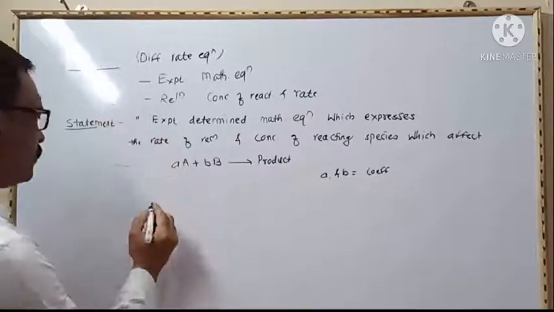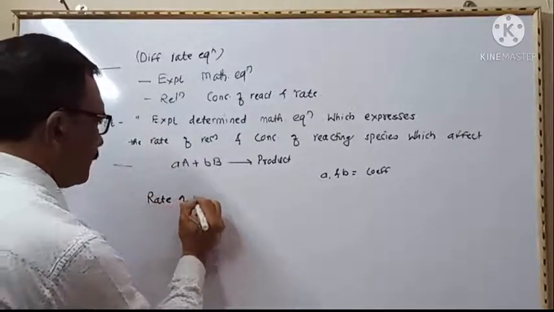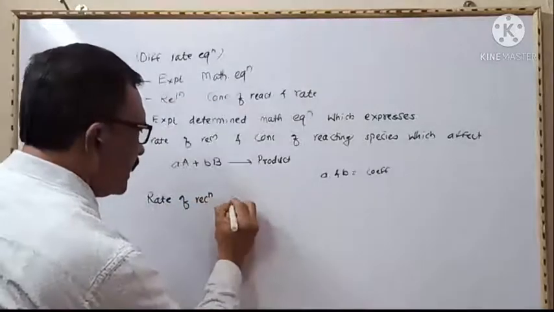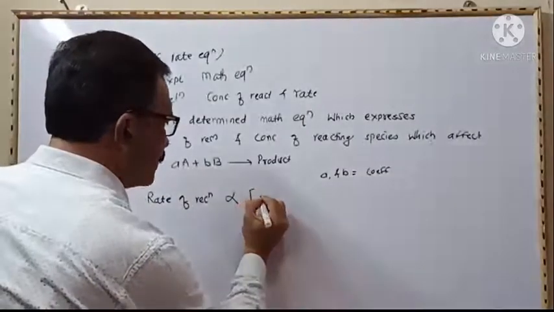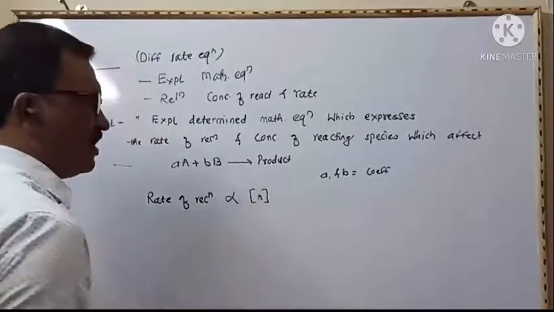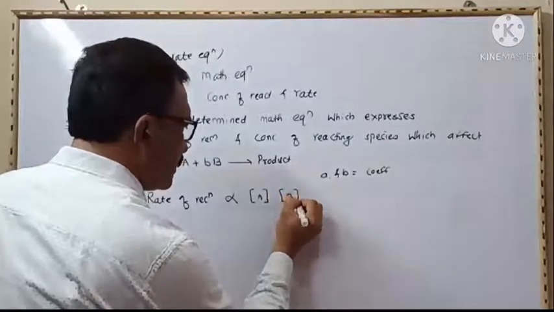Then, according to this rate law, the rate of reaction is directly proportional to the concentration of reacting species, that is, the concentration of A into the concentration of B.